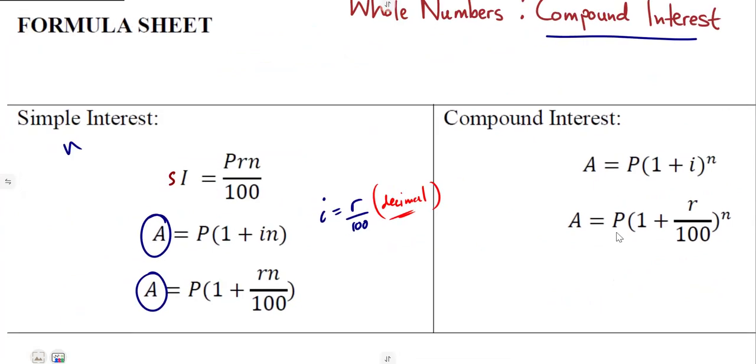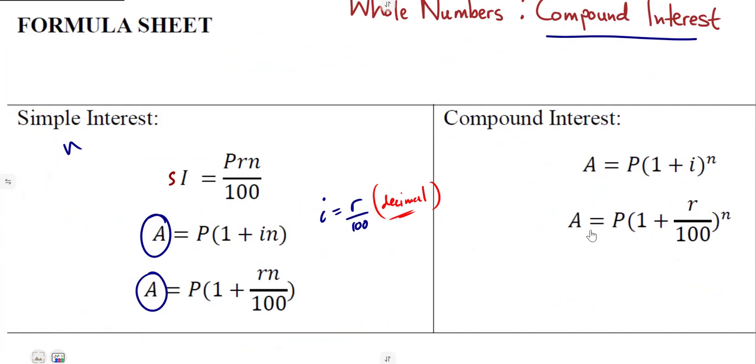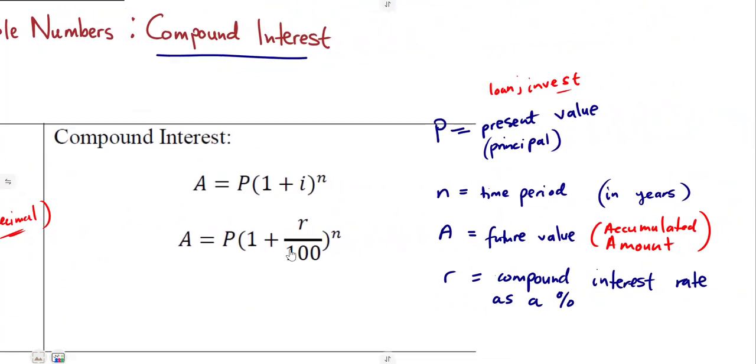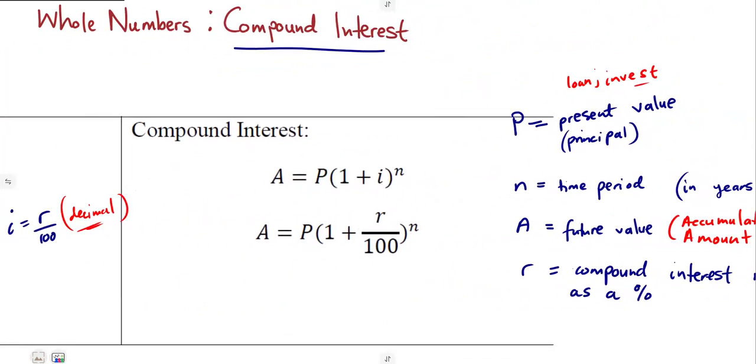Here it was representing the simple interest rate, as we are dealing with simple interest. For compound interest, it is the compound interest rate. Just like what you had before, to obtain this I here as a decimal, it is simply from the R that we had, we divide by 100. That one is still one and the same.